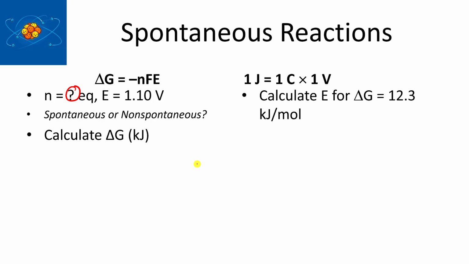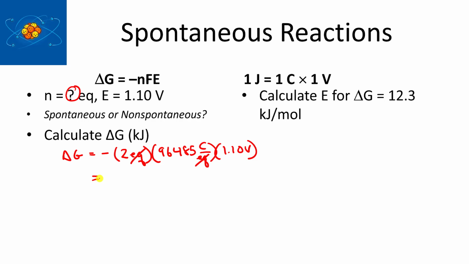So I have delta G is equal to negative 2 equivalents times 96,485 coulombs per equivalent times 1.10 volts. And then the equivalents will cancel out, and I'll get joules.